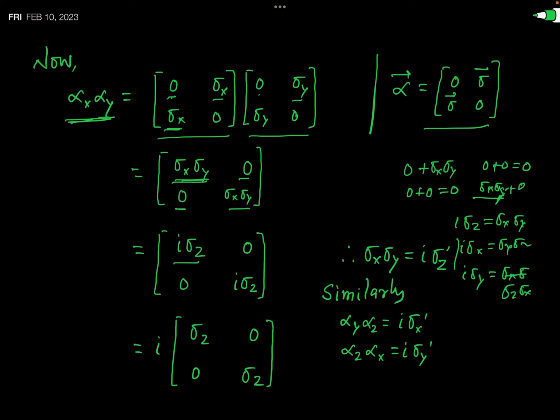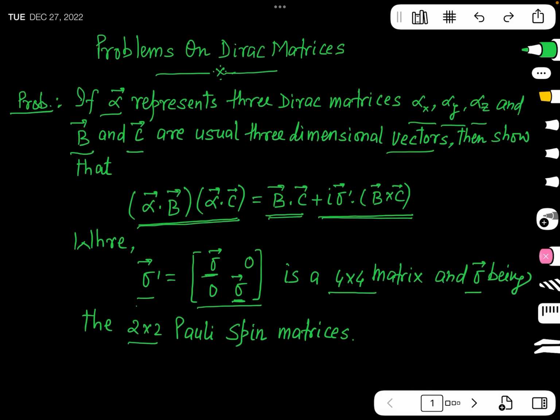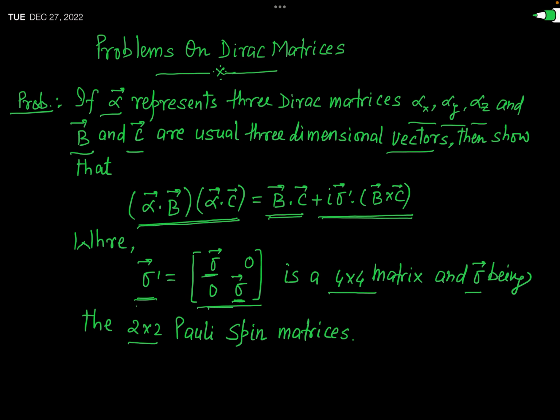Okay, so here I have also replaced the sigma x sigma y by i sigma z, and you know this can be written as i times the matrix sigma z 0, 0 sigma z. But in our problem it is given that this sigma dashed matrix is equal to sigma 0, 0 sigma. It is given in our problem. You can see what I was talking about previously: this sigma prime is equal to this much.